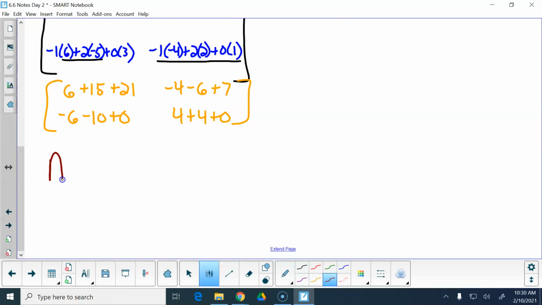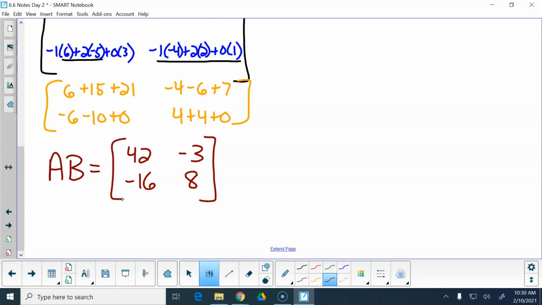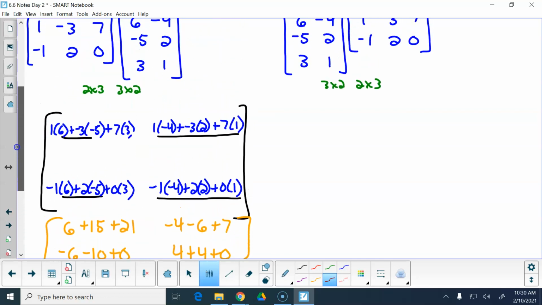So the matrix A times B is 21 plus 21 is 42. Negative 10 plus 7 is negative 3, negative 16, and 8. Yes? Okay. So that's matrix A times B.